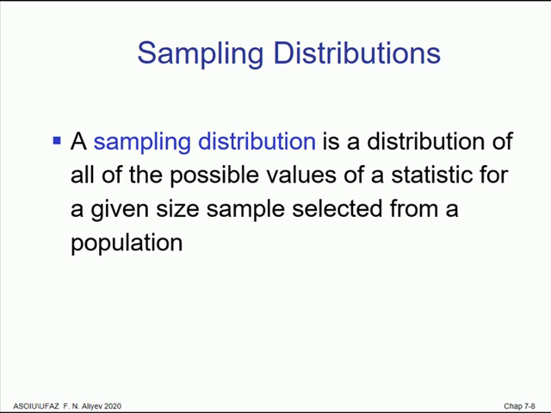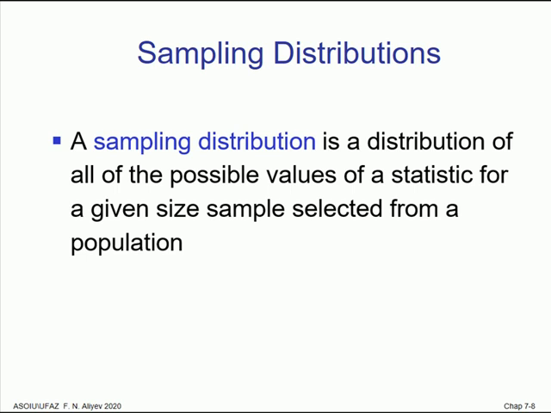You may calculate the mean for all possible samples selected from the population with size 5. The collection of all numbers, in our current case, the collection of all sample means, we consider as sampling distribution. Okay?